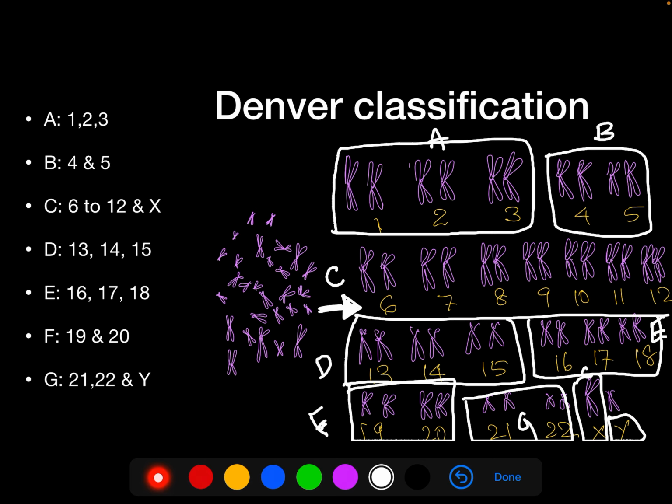The second is according to the position of the centromere: metacentric, submetacentric and acrocentric. The third is the Denver classification, based on the total length of the chromosome and the position of the centromere, into 7 groups A, B, C, D, E, F, G.